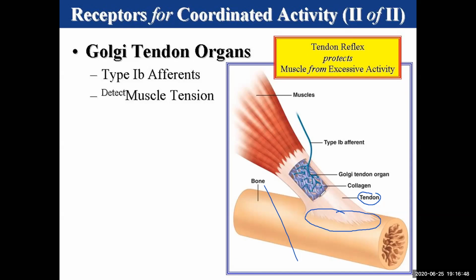So it detects muscle tension and prevents excessive activity, preventing tissue injury at that connection between the muscle and the bone, between the muscle and its insertion or its origin. Oftentimes it's the insertion because the origin doesn't move. And we learn that from anatomy.